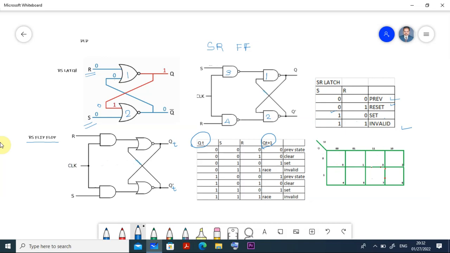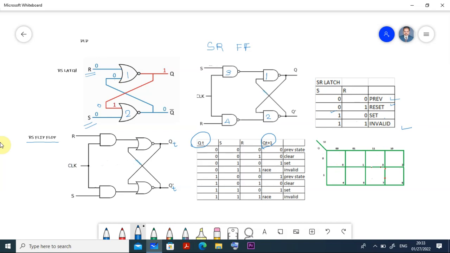In the first four cases, the output is coming 0 0 0 0. In the second four cases, it is coming 1 1 1 1. So let us consider Qt equal to 0. When S and R both are 0, the output is 0, it goes to the previous state. When S is equal to 0 and R is the reset, that is clear.